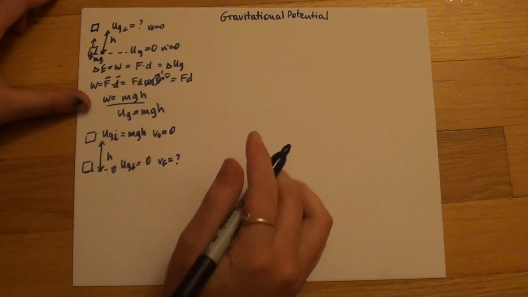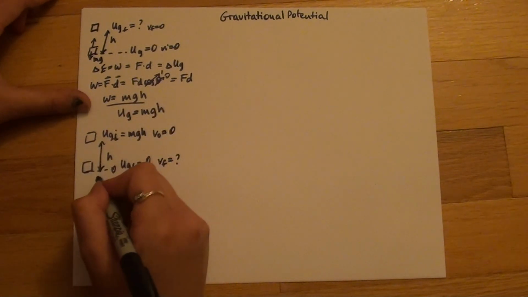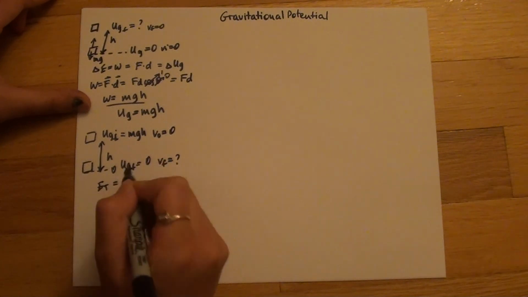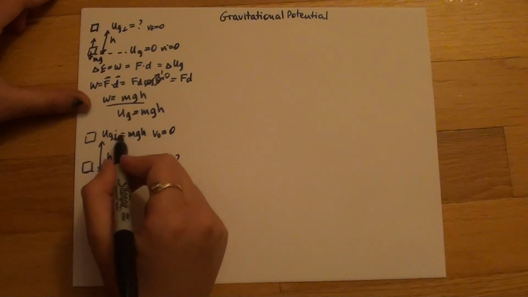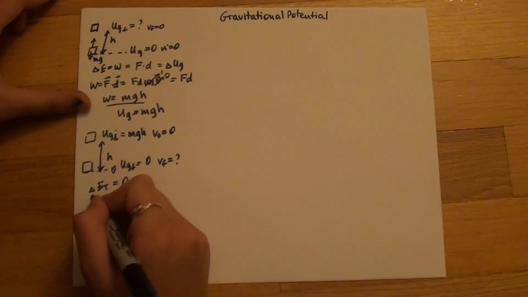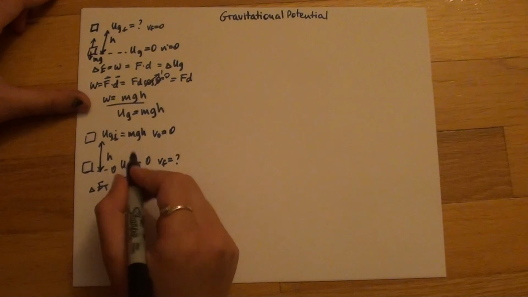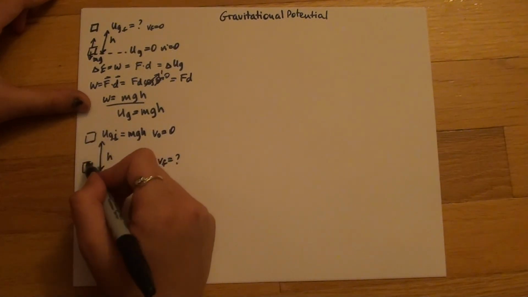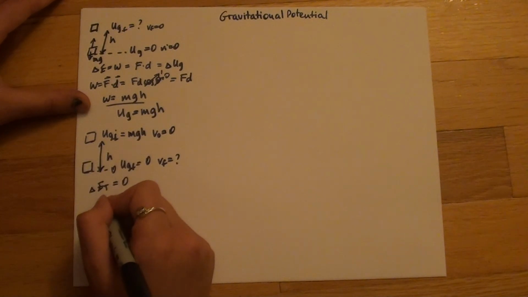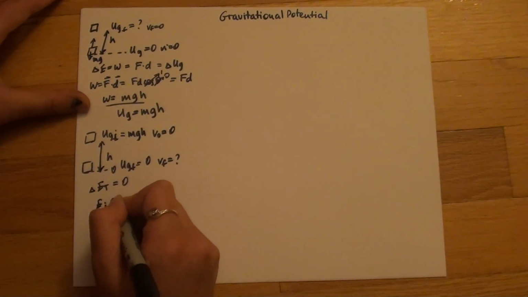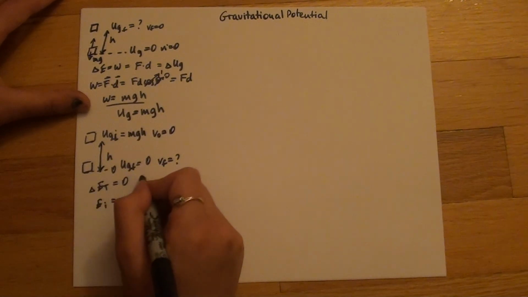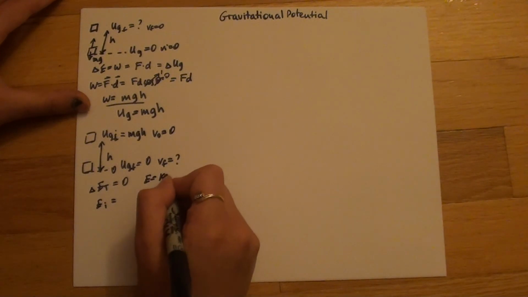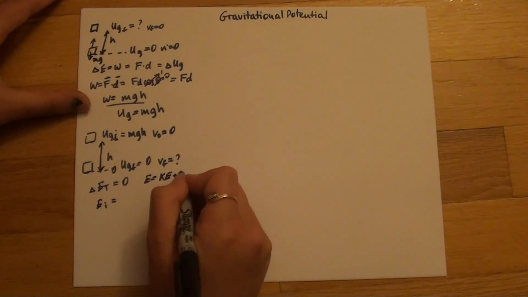Well, we know that the total mechanical energy change is equal to 0. So the total mechanical energy at this point over here will equal the total mechanical energy at this point over here. I'll label the initial energy: energy is equal to kinetic energy plus gravitational energy.